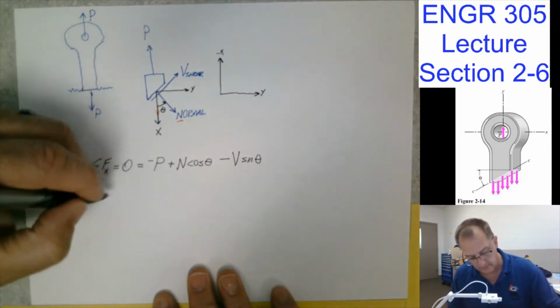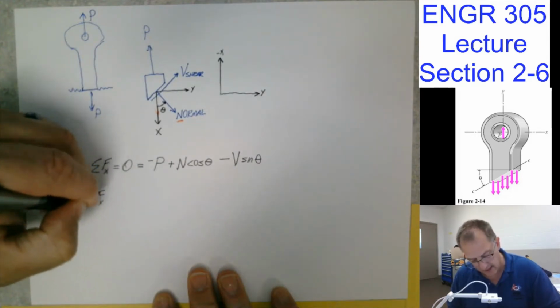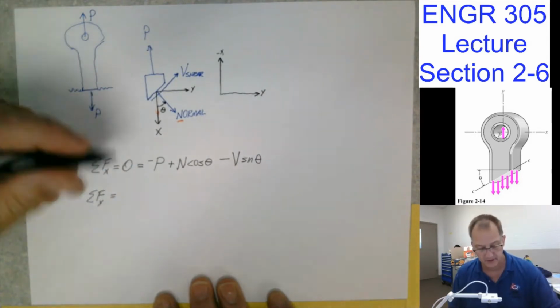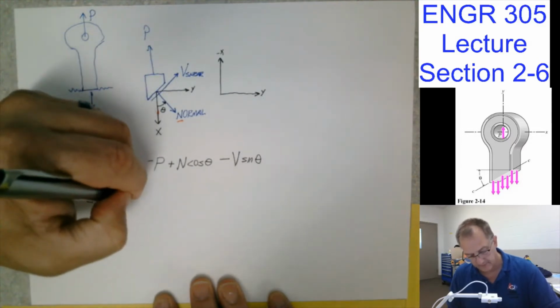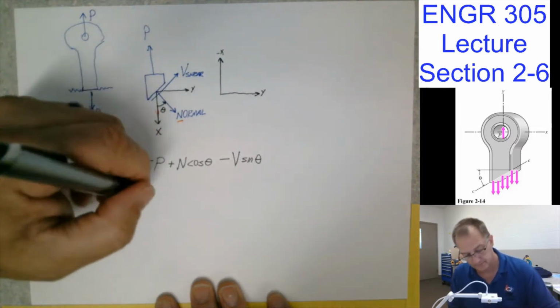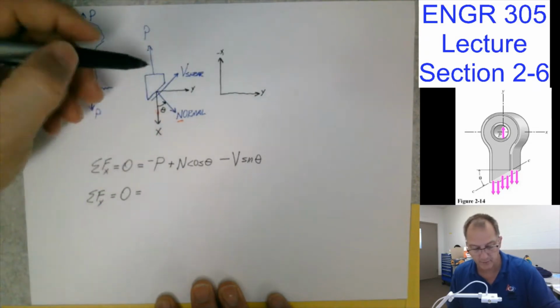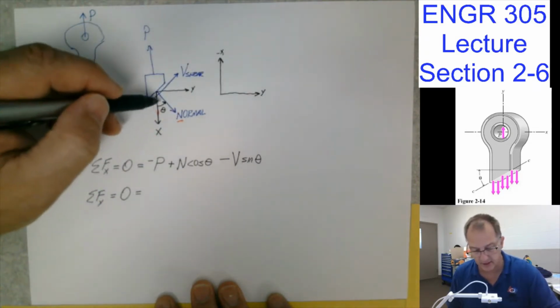So the sum of the forces in the y direction are equal to 0. Well, in the y direction, P is no longer a factor. Maybe I should have started here.